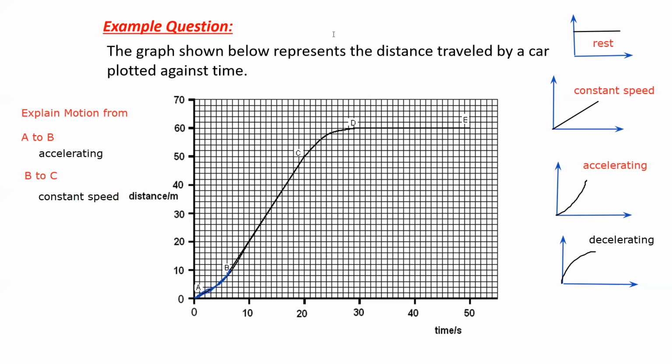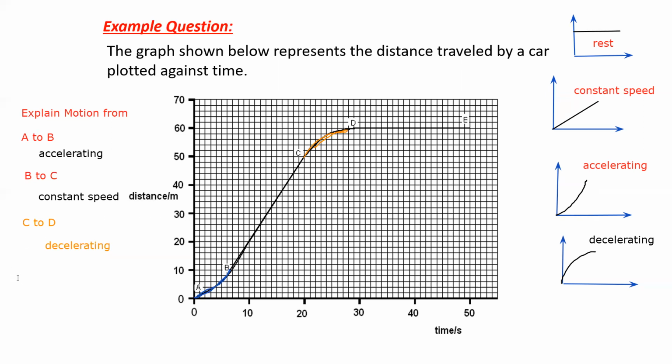And what is happening from C to D? When you check the region C to D, you can clearly see it matches that it is decelerating, or speed is decreasing, you can say.